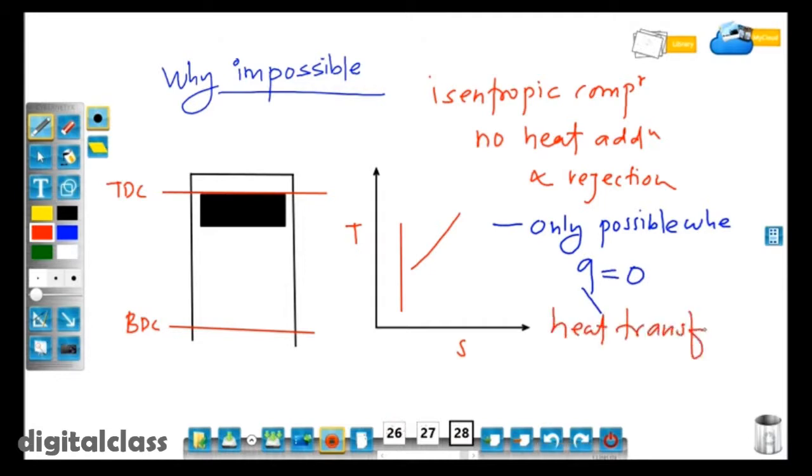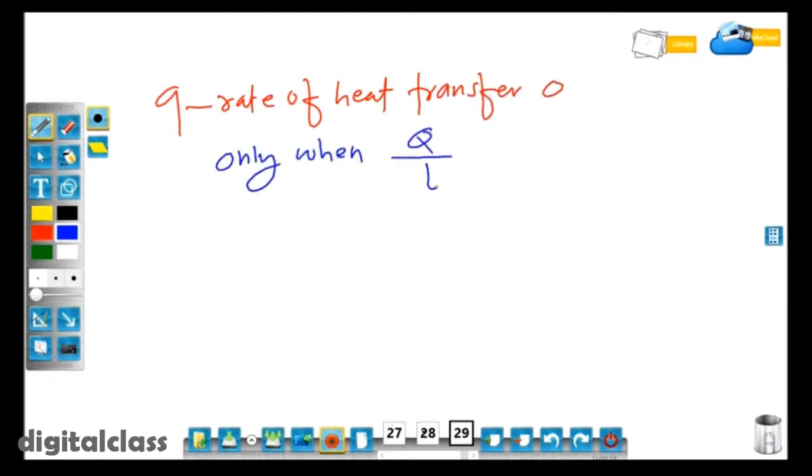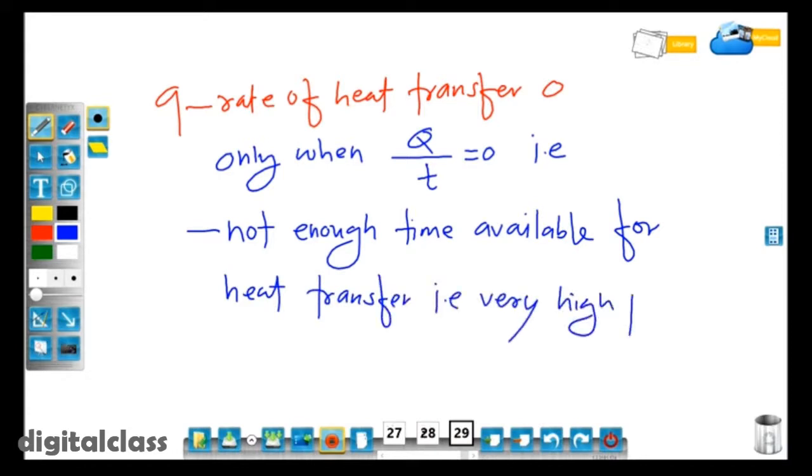So a reversible adiabatic process is possible only if there is no heat transfer. Small q is the rate of heat transfer. This is possible only when there is not enough time for heat transfer, which means the piston must move with very high speed, so there will be no time for heat transfer.